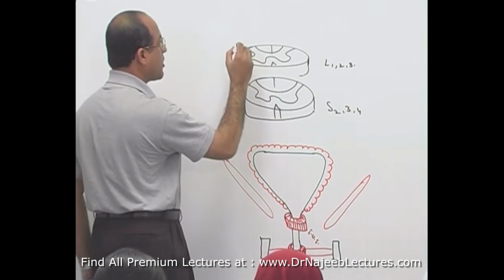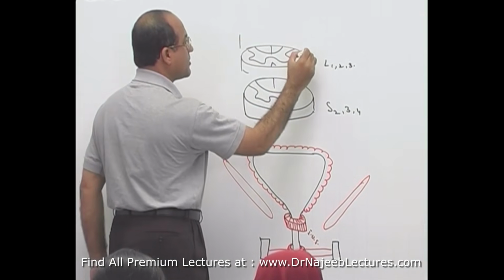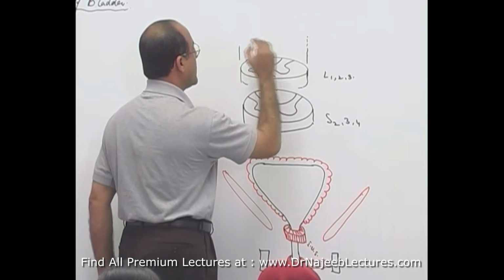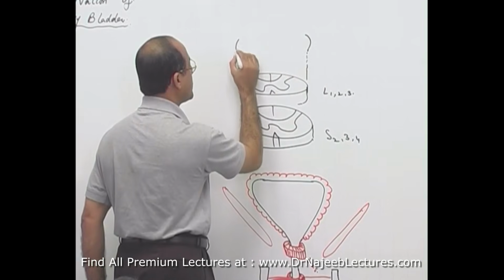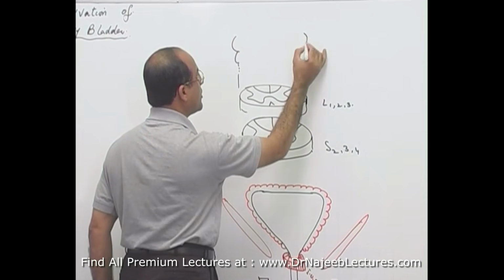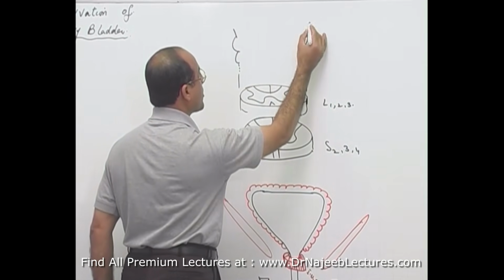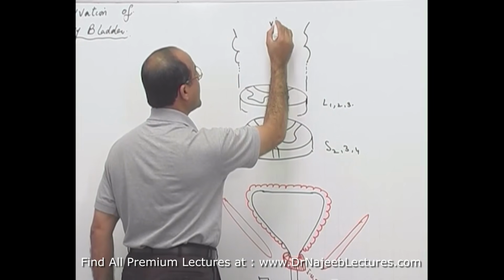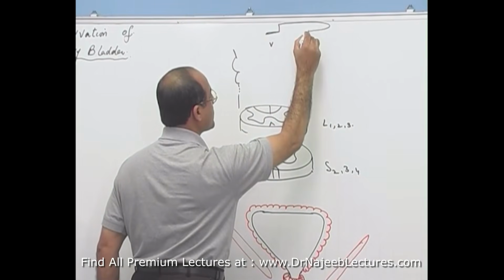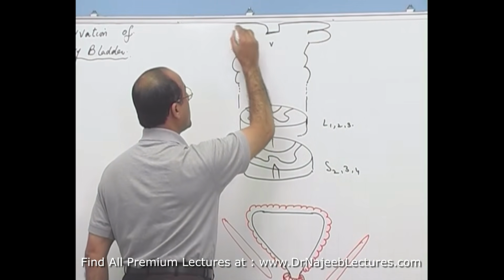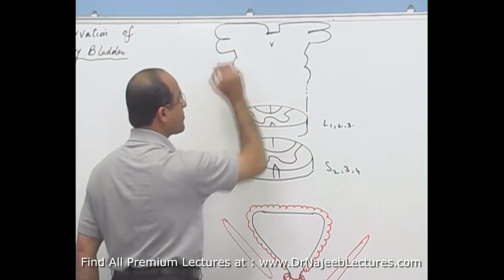And of course, when the spinal cord goes upward, it will eventually reach the medulla, then the pons, then the midbrain, and then there are higher centers, of course, the cortical areas.